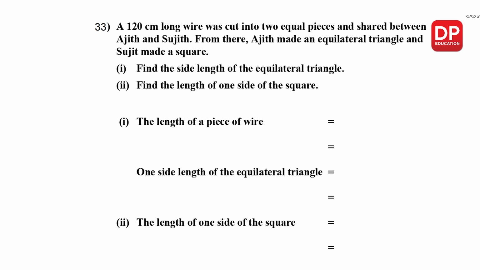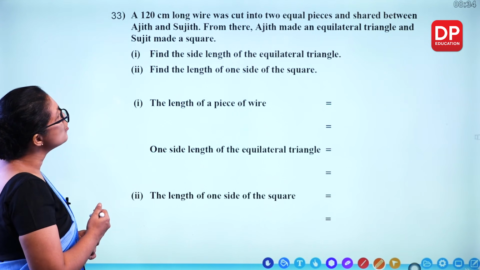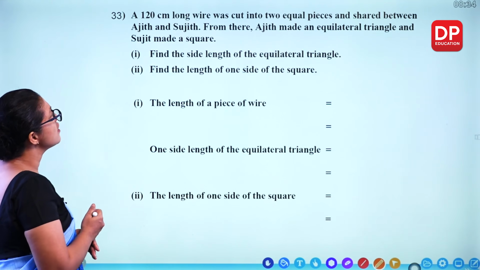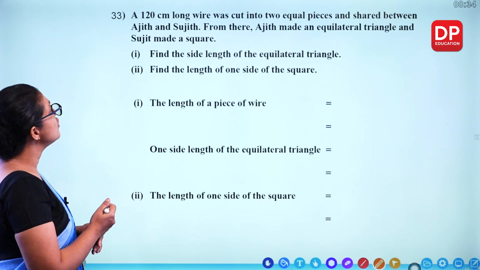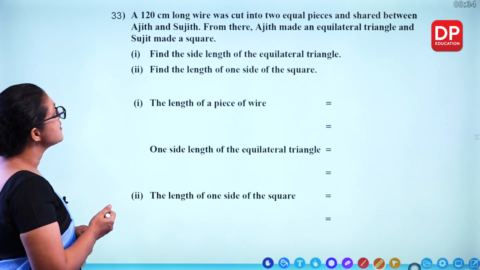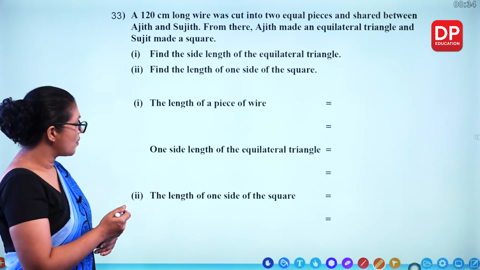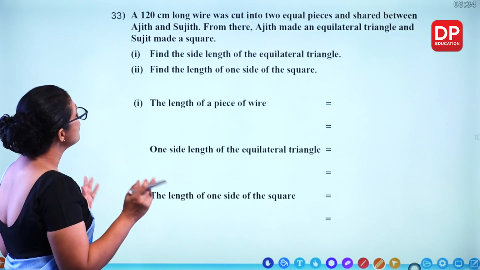Look at this question. A 120 centimeter long wire was cut into 2 equal pieces and shared between Ajit and Sujit. From there, Ajit made an equilateral triangle and Sujit made a square. Find the side length of the equilateral triangle and the side length of the square. So what's the total length of the wire? 120.